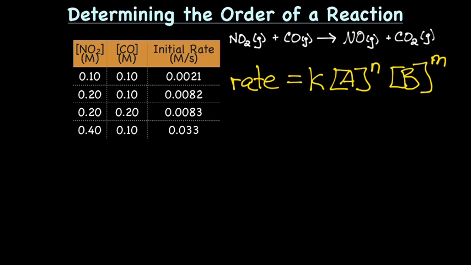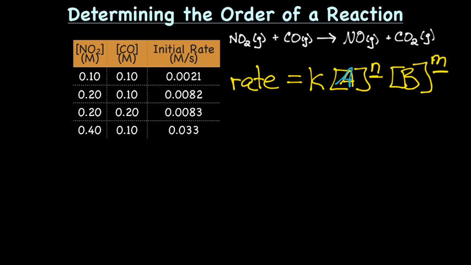We're going to have to figure out the N and the M independently, for the A reactant and the B reactant. So we'll call the NO2, we'll do in blue. What we want to do is find two times when one reactant is changing and one is staying constant.